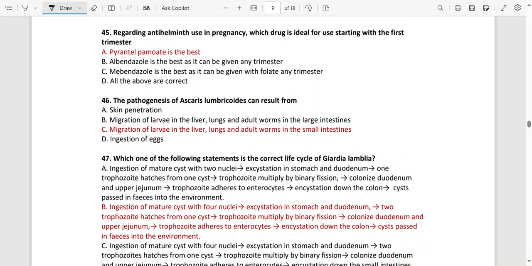Regarding antihelminths use in pregnancy, which drug is ideal to use starting with the first trimester? From what I was trying to read from the lecture notes, there is no known effect in pregnancy, including praziquantel, pyrantel pamoate, albendazole, mebendazole.